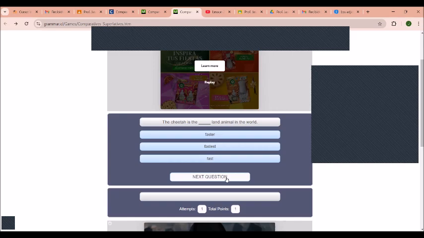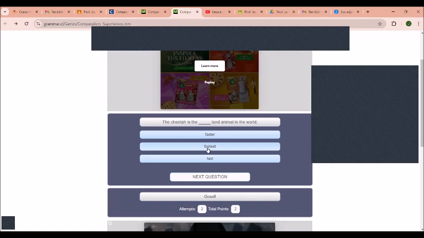What's a superlative option here? Fastest. All right, because of all of the land animals, this one is the top fast animal. Again, the cheetah is the fastest land animal in the world.